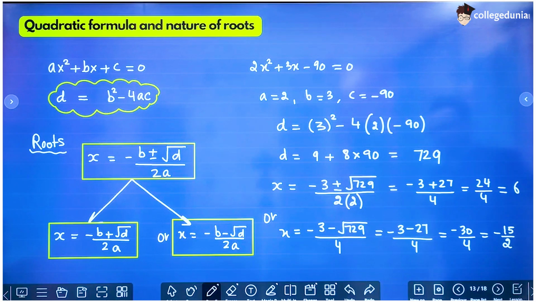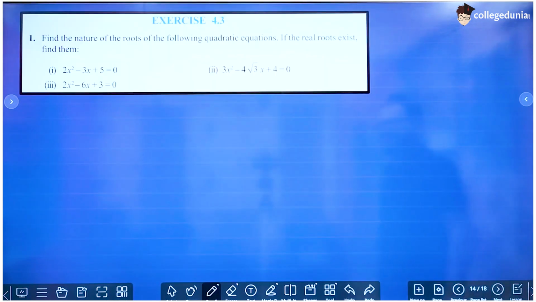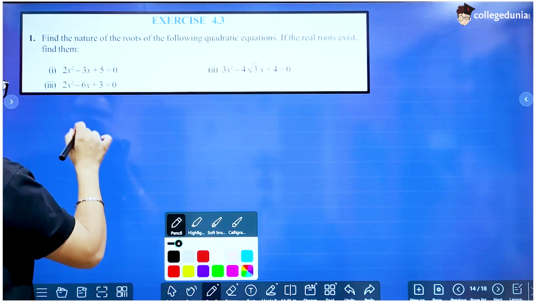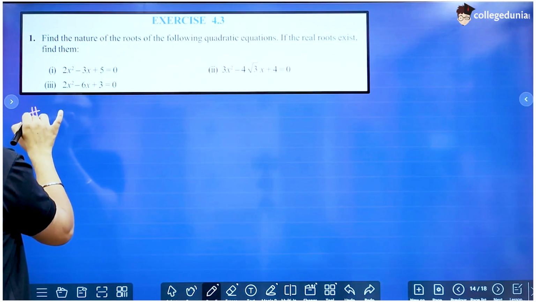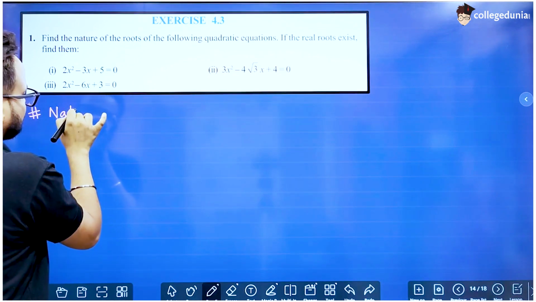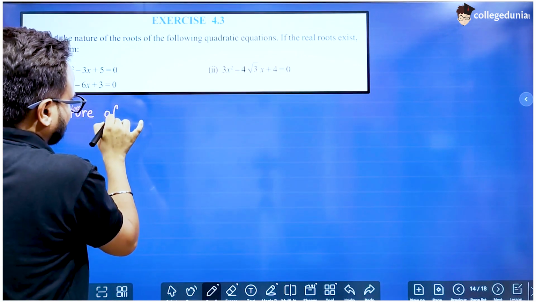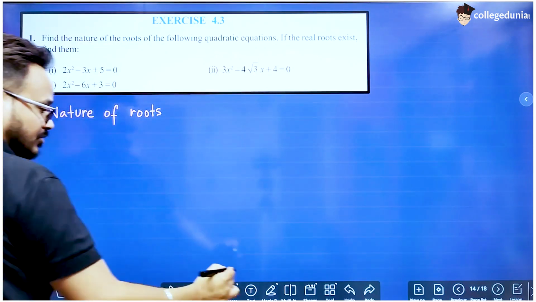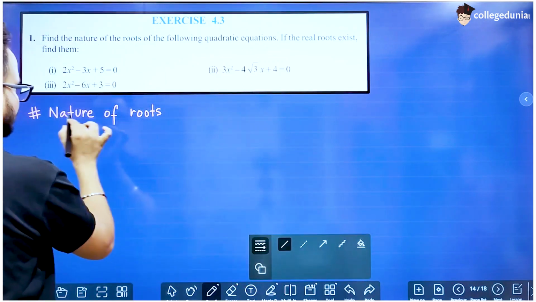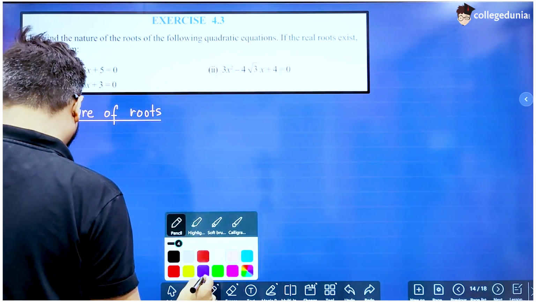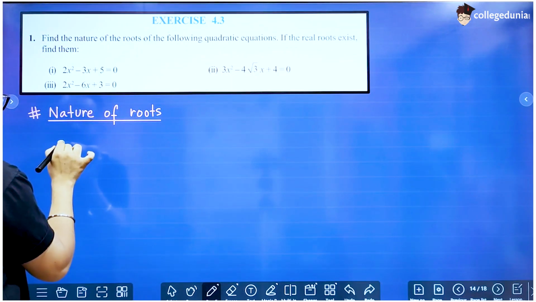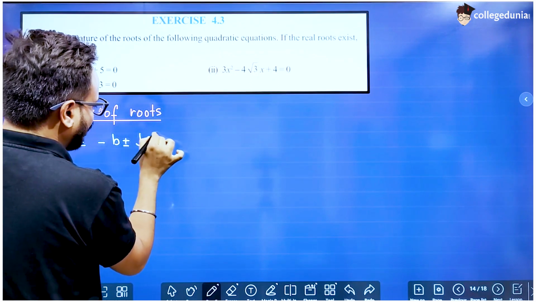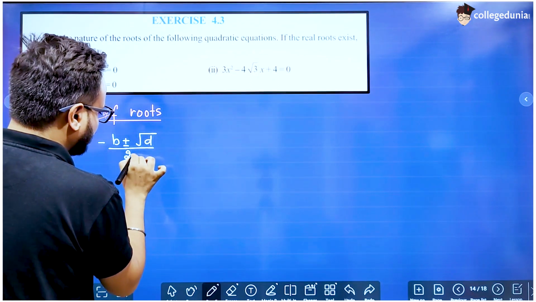Right? Okay. So there is an important part, which is the nature of roots. Very important part. So the zeros are x equal to minus b plus minus root D upon 2a.